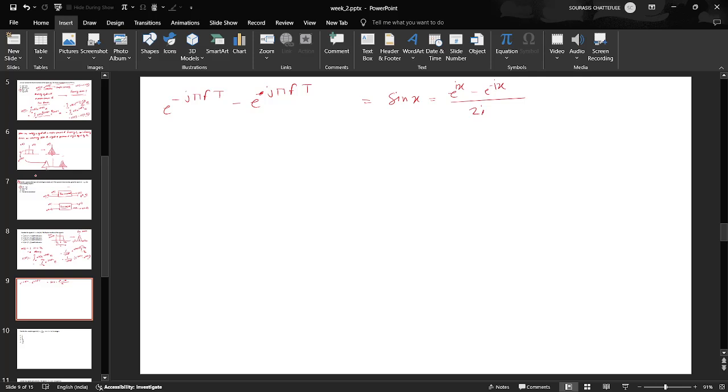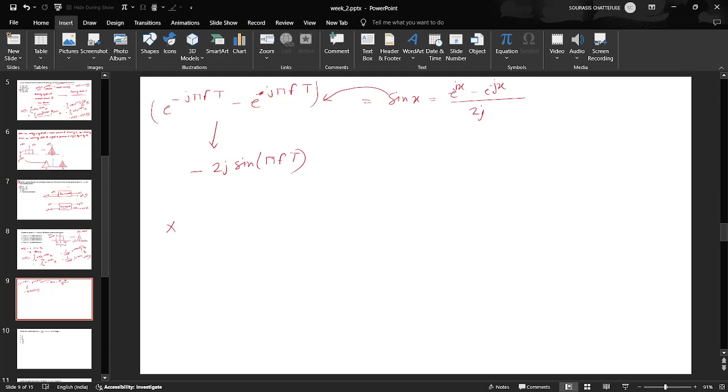Of course here it's 2j, so let's denote the complex number as j here. If we use this, this term actually translates to minus 2j sin(pi f T).